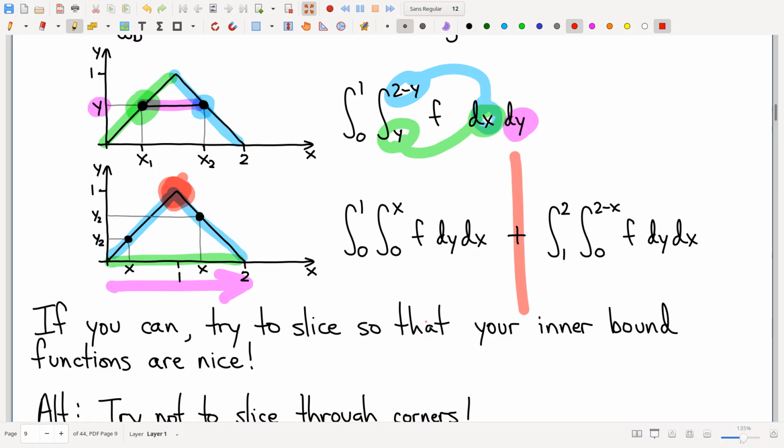I have to chop the integral at the corner, and then I have to look at two totally separate integrals. Let me leave that corner highlighted there. For these values of x from 0 to 1, we're going to go from green to blue.